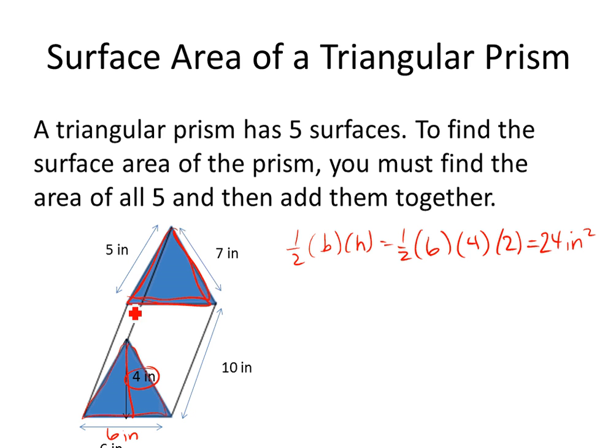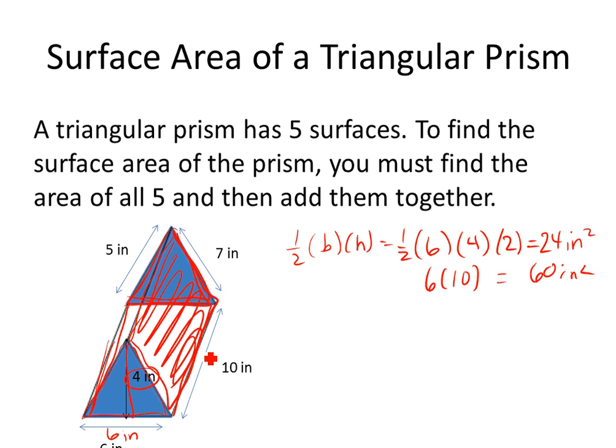Now I want to find my bottom rectangle. That's going to be a 6 by 10 rectangle, so that's 60 inches squared. Then I'm going to find this rectangle on this side of the triangular prism, and that is a 7 by 10 rectangle, which is 70 inches squared.